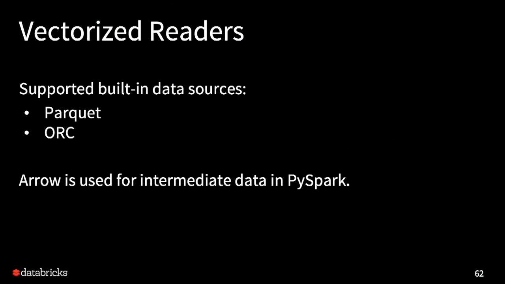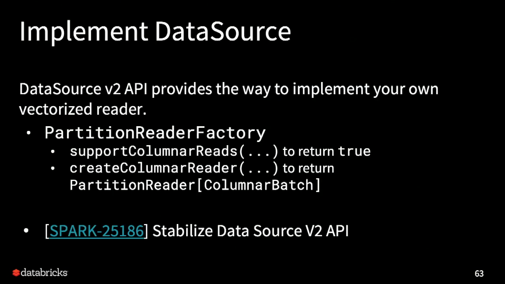As a side note, the Arrow format is used for exchanging data between the JVM executor and the Python workers, so there's an opportunity for doing vectorized readers there as well. And we'll be touching on PySpark in a bit. In the future, if new data sources wish to support vectorized readers, the data source v2 API is a good place to start.